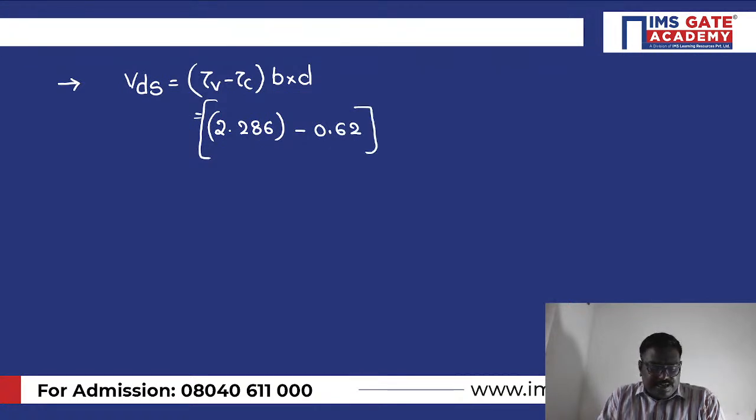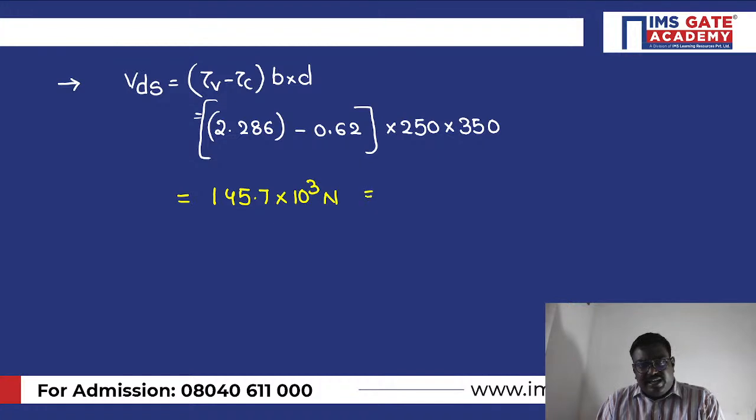Width of the section is 250, effective depth of the section is 350. When you calculate this design shear force, you will get a value of around 145.7 into 10 power 3 Newton. If you convert this, it will be 145.7 kilonewton. This is the answer you might be getting for design shear force.